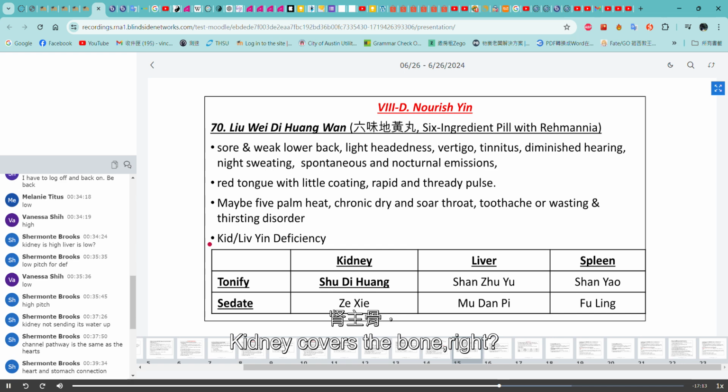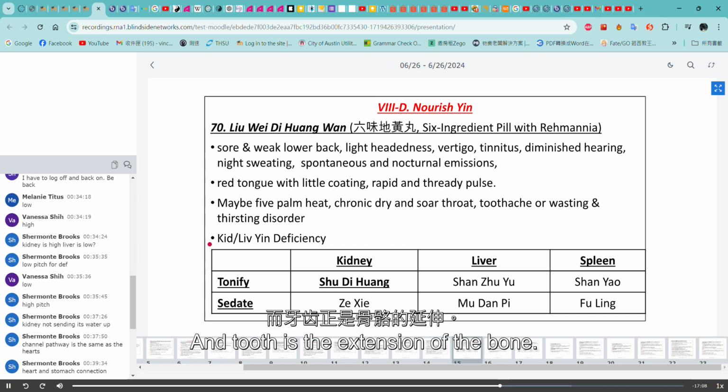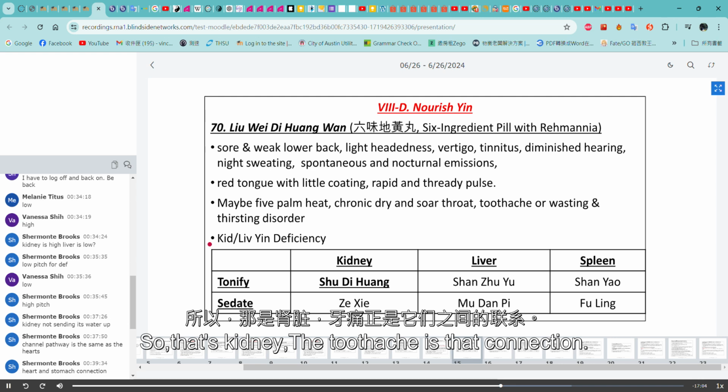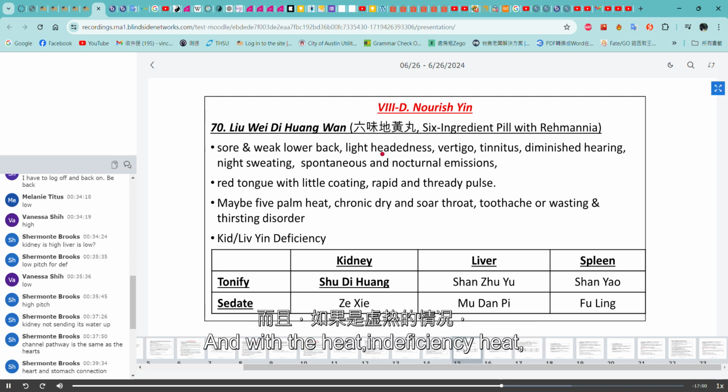Kidney governs the bone, right? And the tooth is the extension of the bone. So that's kidney. The toothache is that connection. And with the insufficient heat, there's more achiness there.